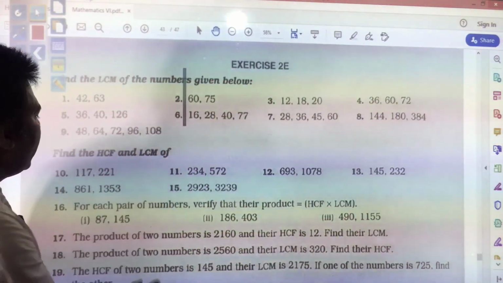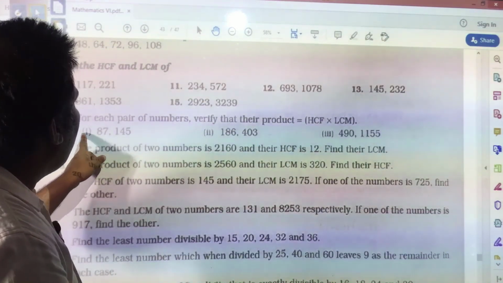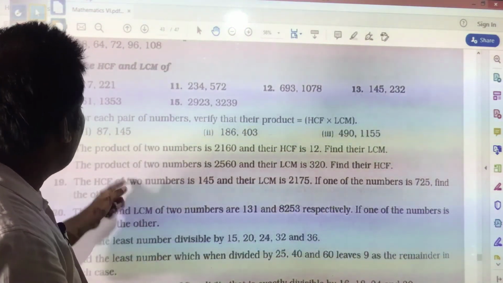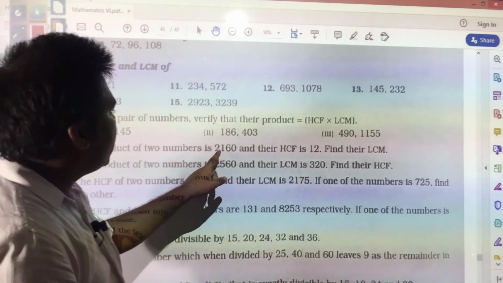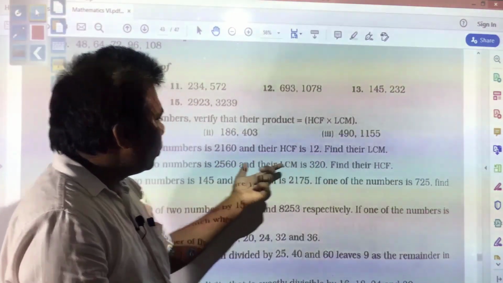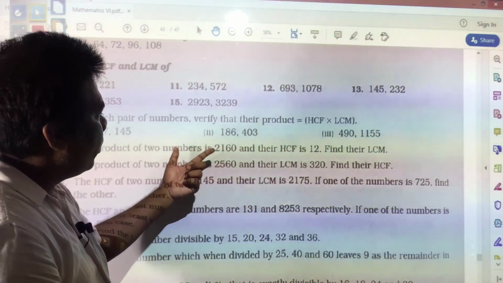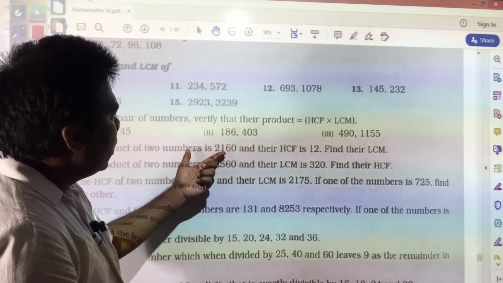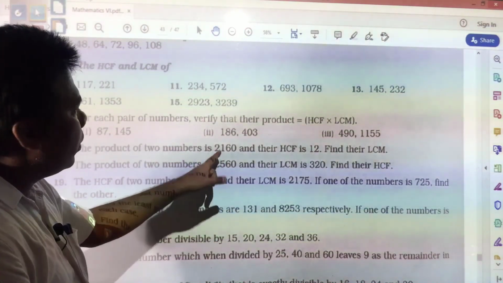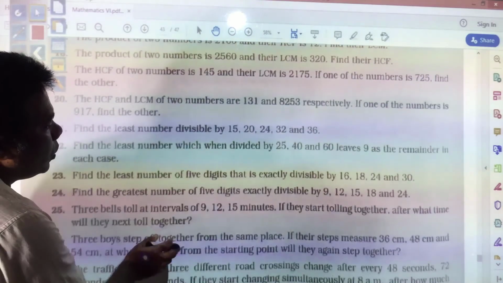Find the HCF and LCM, you know how to find HCF and LCM. And for the rest of the questions, you see, the product of two numbers is 2160 and their HCF is 12, find their LCM. So, on the basis of the formula I have told now, many other questions are there, you need to solve these questions.